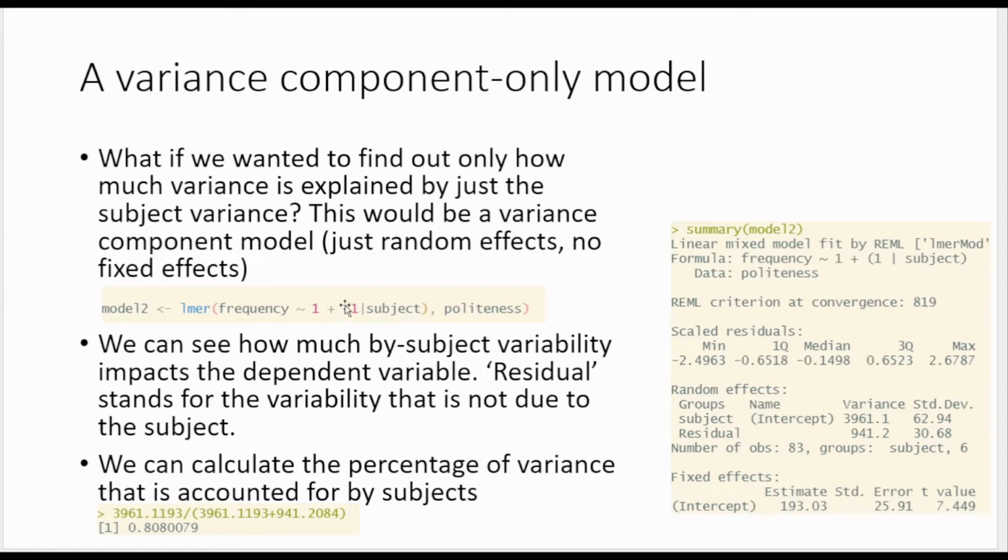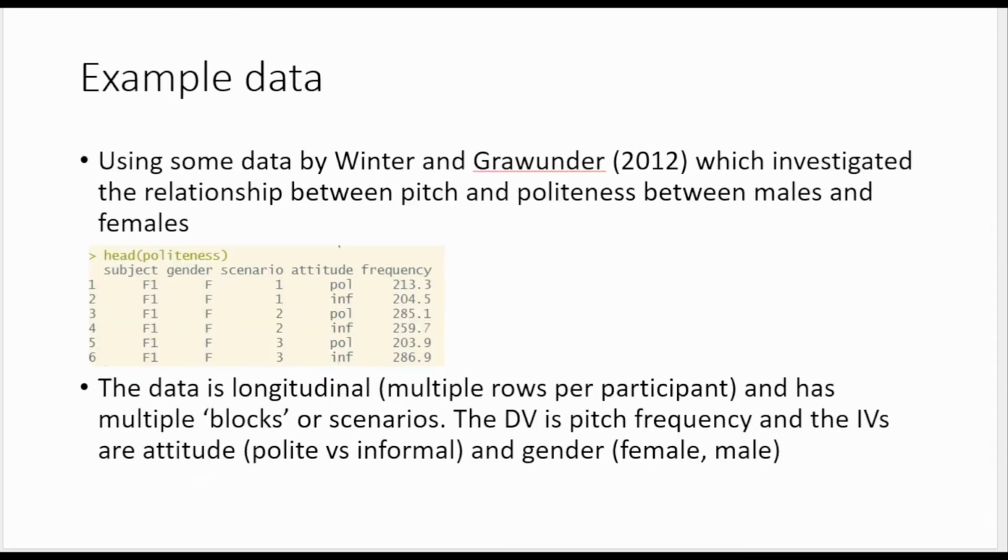So parentheses, 1, line, subject, because if we go back to our data, that is the name of the variable for our participant column.